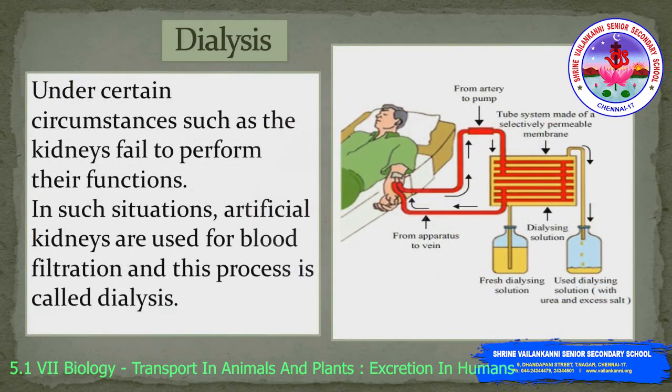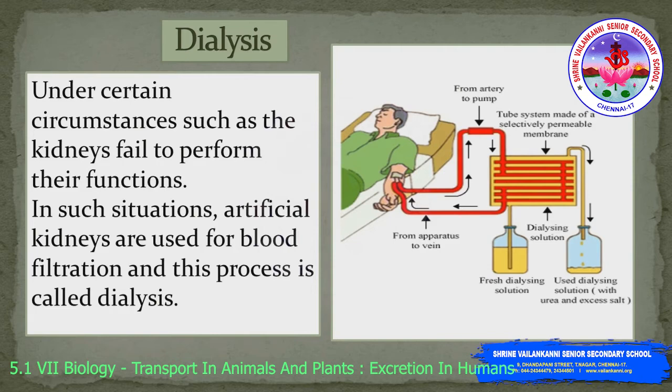Now we shall study dialysis. Under certain circumstances, such as when the kidneys fail to perform their function, artificial kidneys are used for blood filtration, and this process is called dialysis. Dialysis is an artificial process by which waste products and excess water are removed from the body.